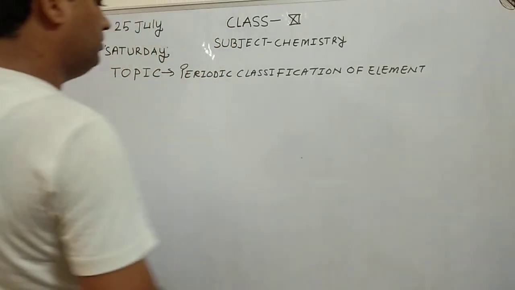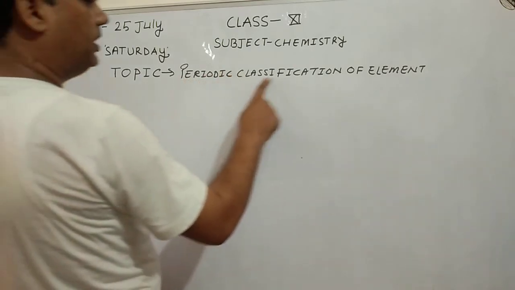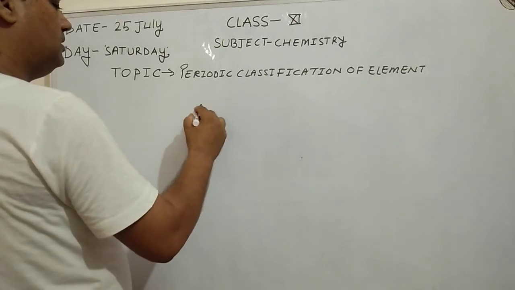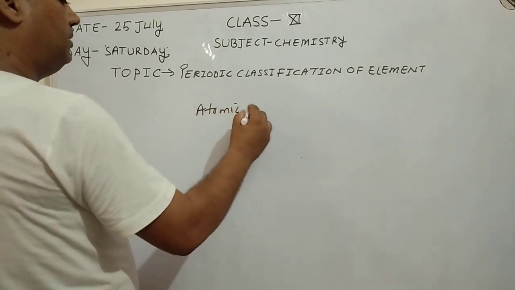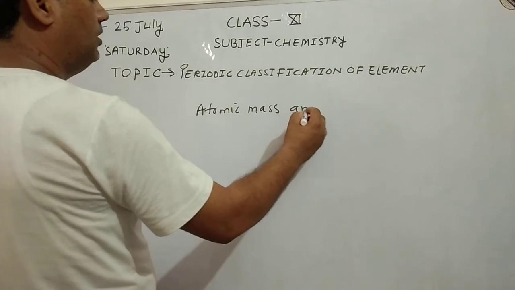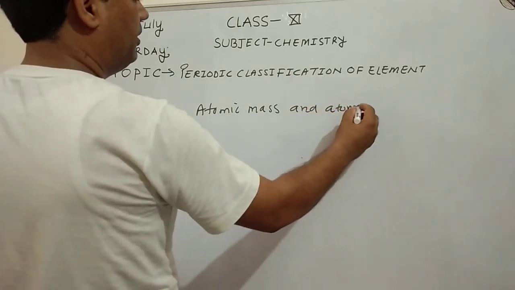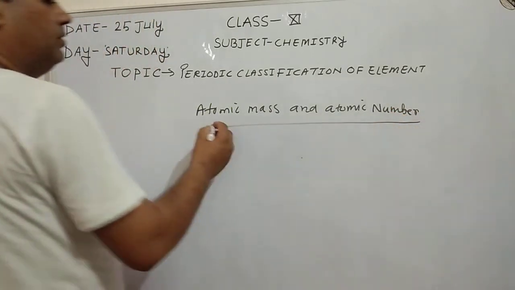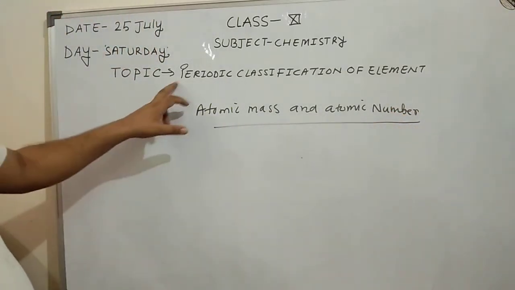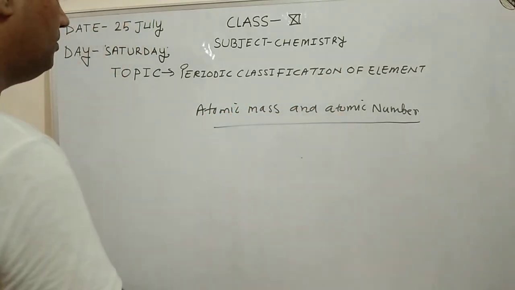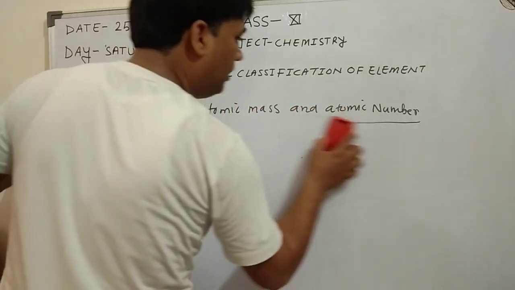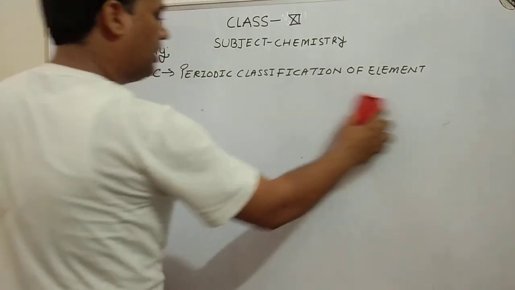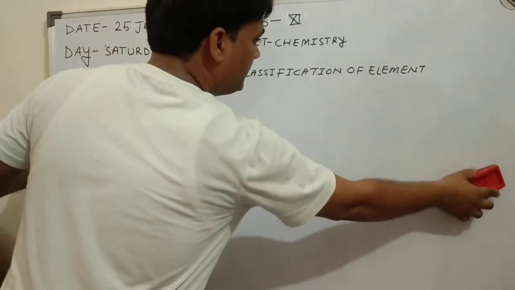It is very, very important because for better understanding of periodic classification of elements, it is very important to know the atomic mass and atomic number, because in this chapter on periodic classification of elements, only the modern form of the periodic table is in your syllabus according to the revised syllabus of CBSE.